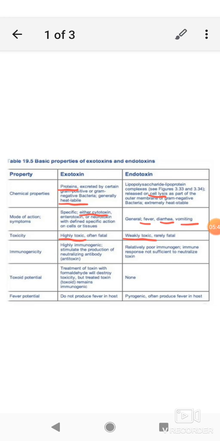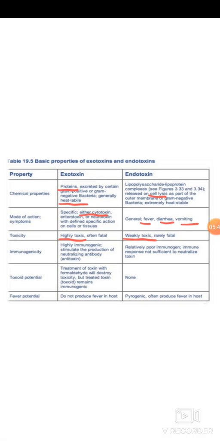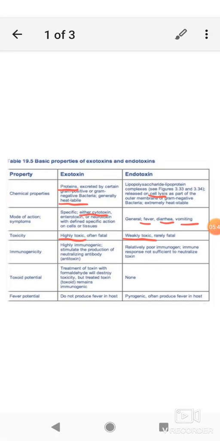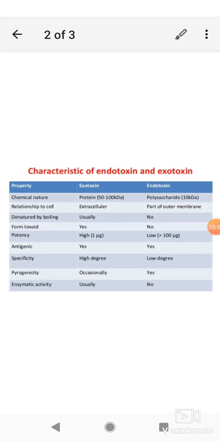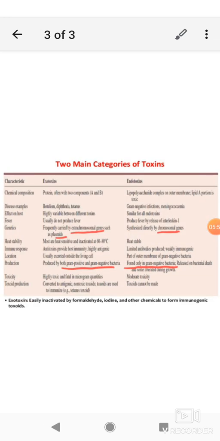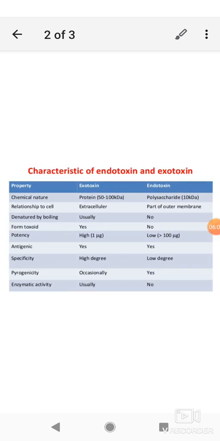Then about the immunogenicity, endotoxins are poorly immunogenic and exotoxins are more immunogenic. Then the examples: in case of exotoxin, botulism, diphtheria and tetanus, and for endotoxin, gram-negative infections. So this is an overview of the differences between the exotoxins and the endotoxins.